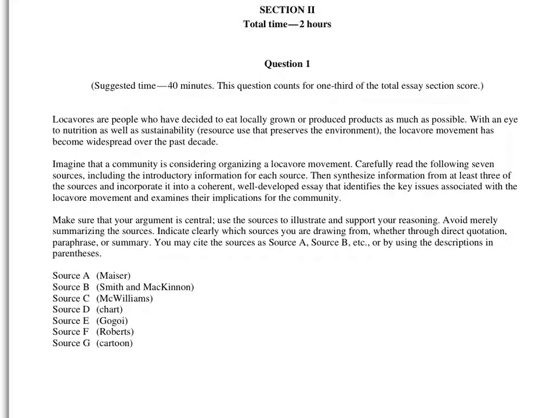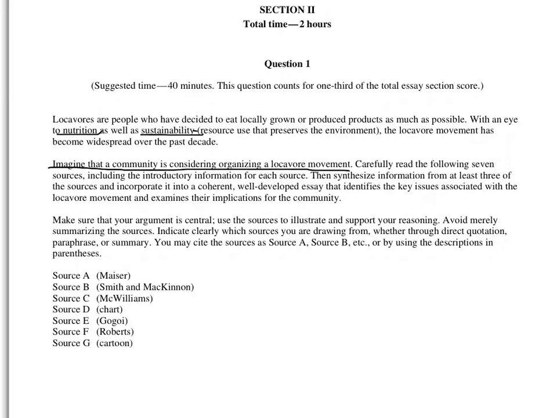Locavores are people who have decided to eat locally grown or produced products as much as possible. With an eye on nutrition as well as sustainability, the locavore movement has become widespread over the past decade. Imagine that a community is considering organising a locavore movement.